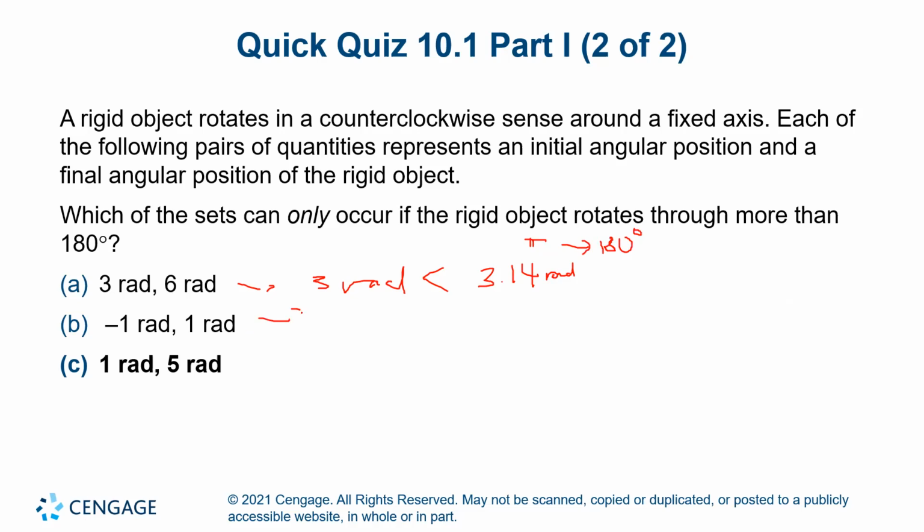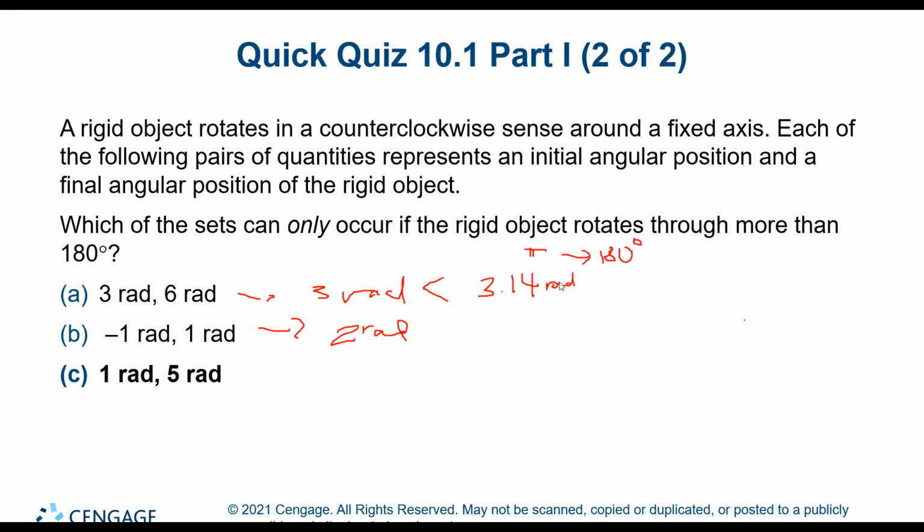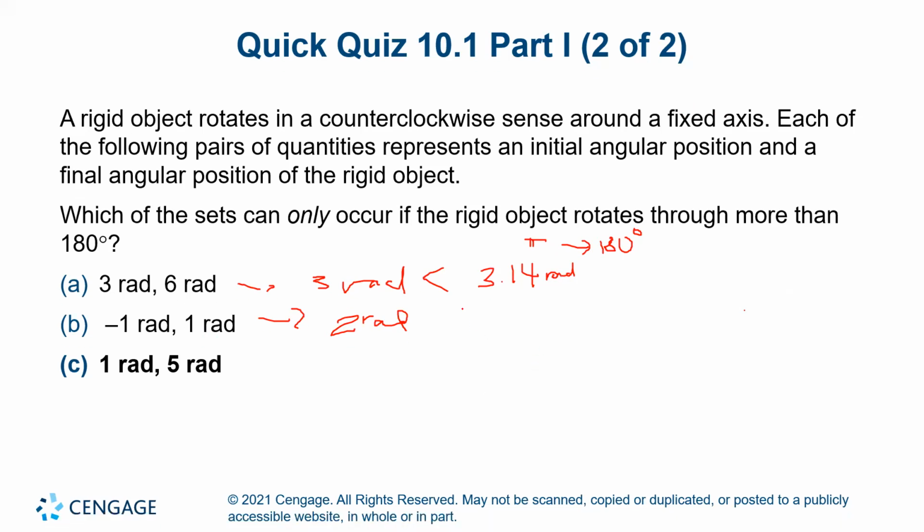The other one is 2 radians, 1 rad to negative 1 rad, that's 1 rad minus negative 1 rad, and that's still less than 3.14. This time, 5 rad to 1, that's 4 radians. So this one is greater than 3.14.